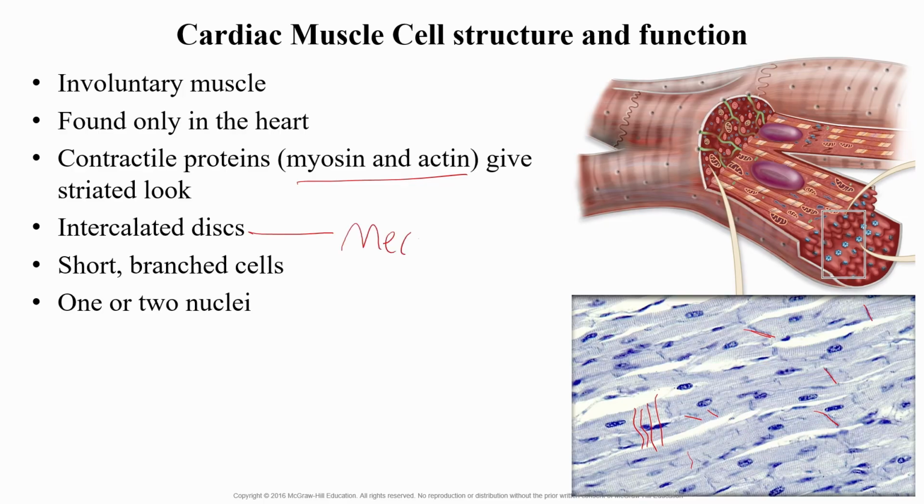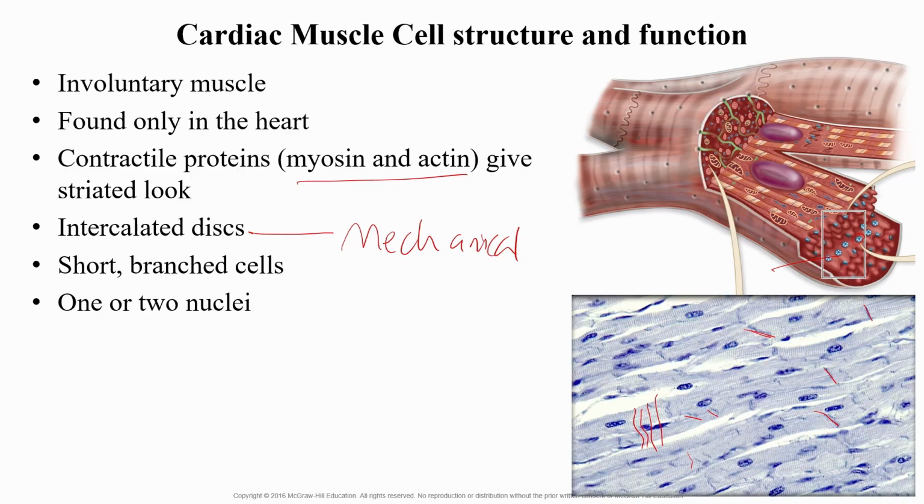They have a mechanical function. Mechanically, they hold the adjacent fibers of the heart muscle together because of the gap junction in between them. But those gap junctions also have holes in them, like little pores, and those pores allow the cytoplasm of adjacent fibers to be connected.